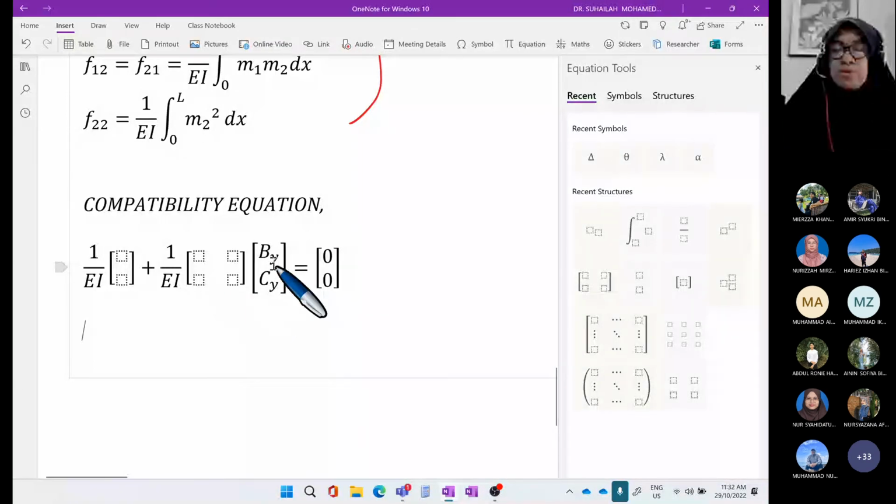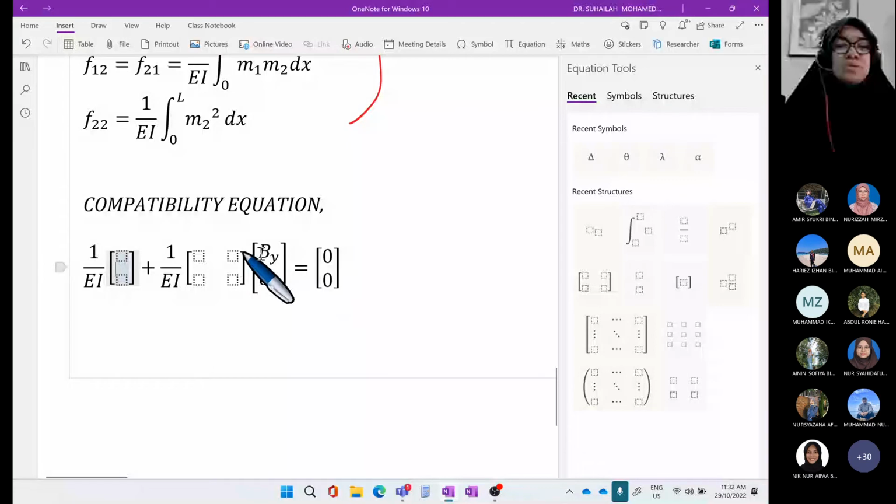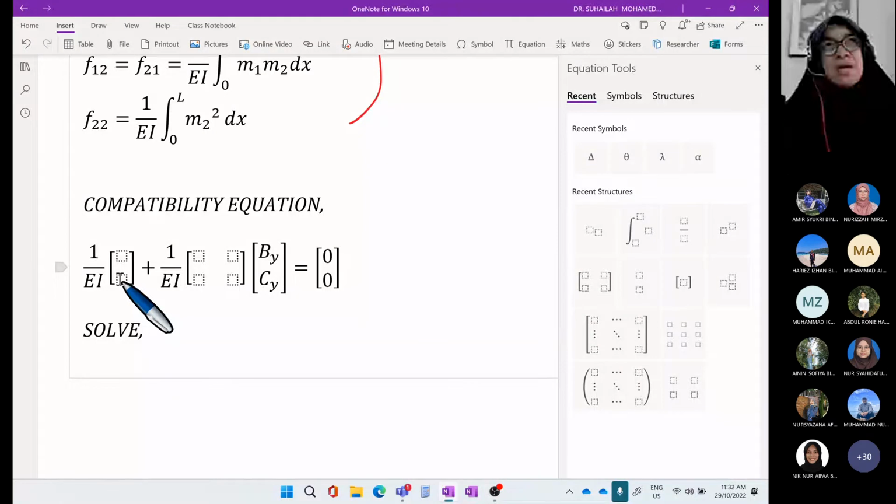So when we solve this, we will get BY and CY. And actually we solve this compatibility equation by actually solving two simultaneous equations. Kan tadi dia memang datang daripada simultaneous equation. Cuma kita transform dia jadi satu standard form of compatibility equation yang kita tulis in matrix form. Tapi for the solution, we know that this is actually simultaneous equation.